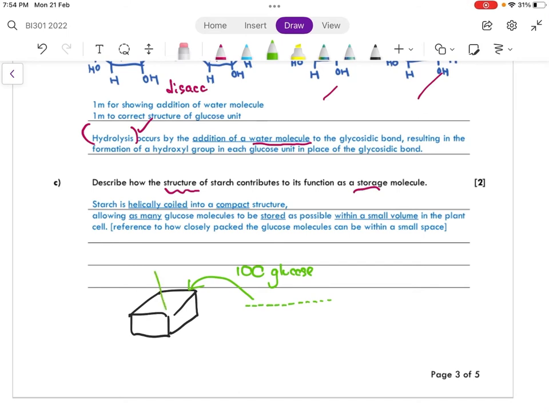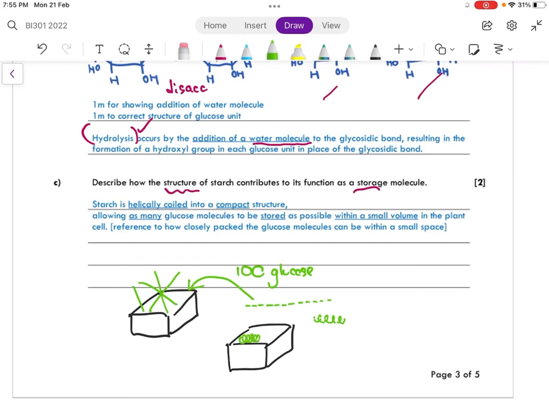The long chains may not even fit. They may end up sticking out of this box, this volume. Instead, let's say I have the same volume over here, and I still make use of 100 glucose molecules, but this time, the 100 glucose molecules are attached in a way that they form this helical shape. And in a sense, I can pack more per unit volume.